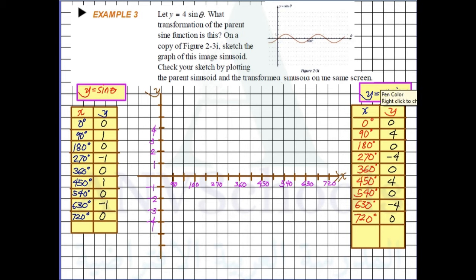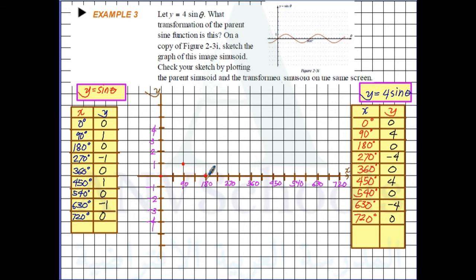So let's plot the points. For the parent function, we have 0, 0. So the first point is here. The second point is 1 at 90 degrees, so it's here. Next, 180 is 0.